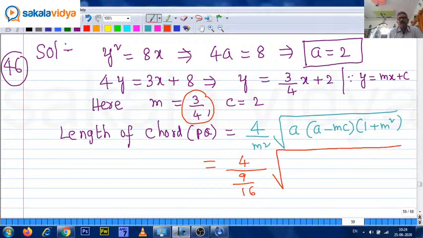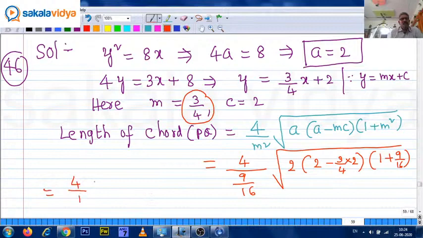Root of a stands for 2, 2 minus m times c, 3 by 4 times c, is how much? 2. And 1 plus m square, 1 plus 9 upon 16. So we need to simplify.